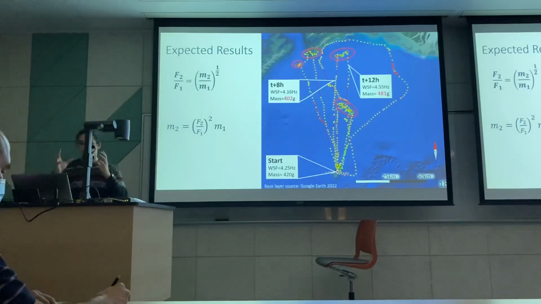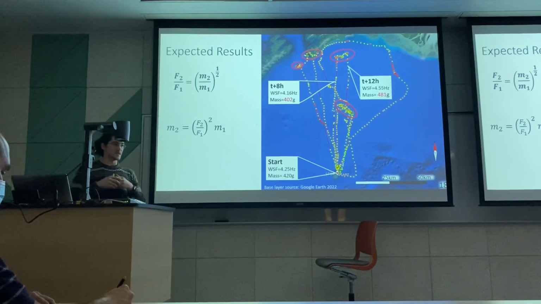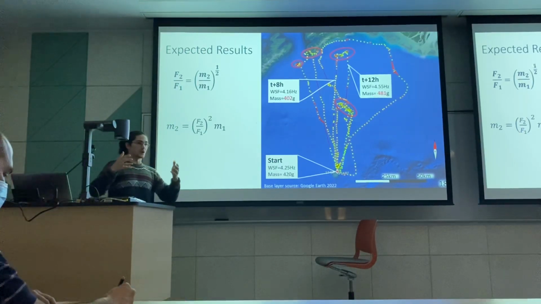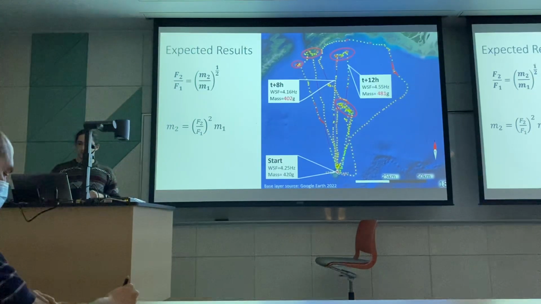And so by doing this, we can know how much fish was eaten, or how much weight of fish was eaten, and where it was captured in the foraging grounds of these seabirds.